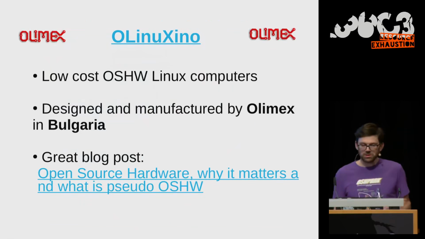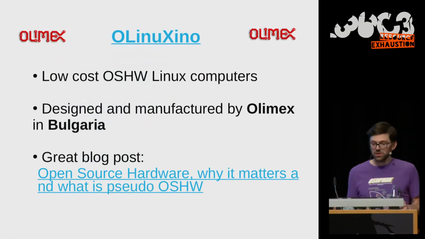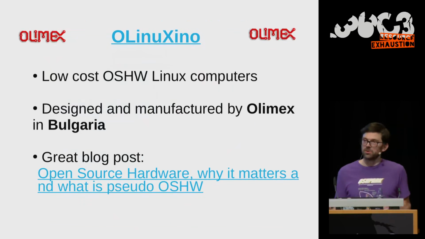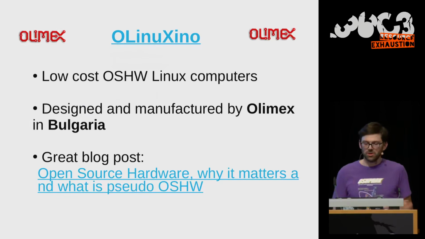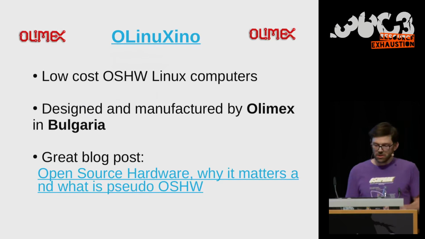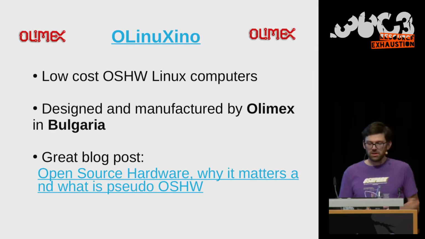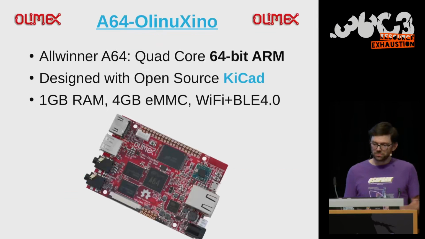So I wanted to mention Olimex. We're here in Europe, and in Bulgaria is one of the best open hardware companies, in my opinion. And they have a line of open source hardware Linux computers called the OLinuXino. The person behind Olimex, Svetlin, has a great blog post about open source hardware and why it matters to them.